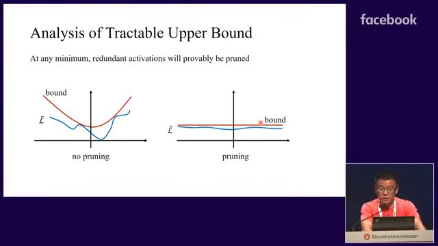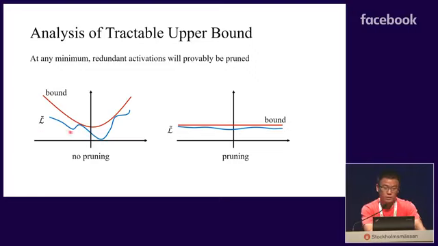We also theoretically analyzed a tractable upper bound on our proposed loss function. This is our final objective function, and we use a tractable quadratic upper bound and analyze it. We can see that at any local minimum, the redundant activations will be pruned from the model.